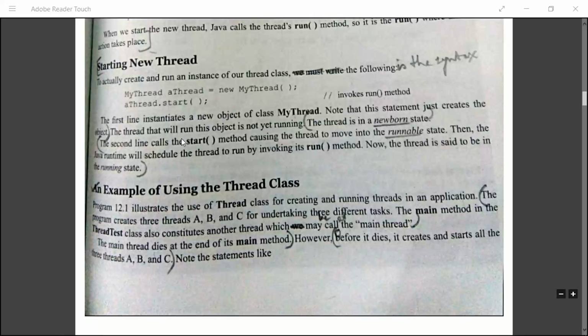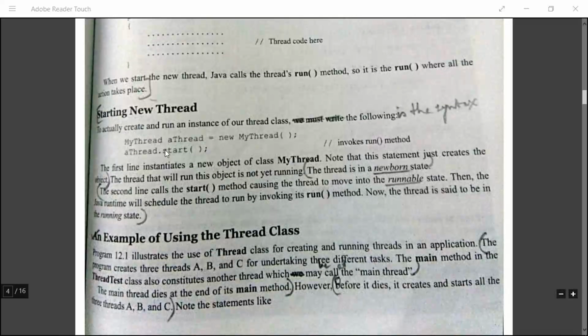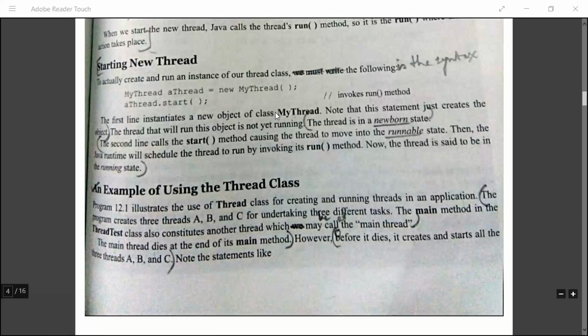Next, the thread that will run this object is not yet running. The thread is in a newborn state. So if you consider these two different statements, this is one statement. So here only the object is created. The thread is not called. We are not starting it. Like if you have a bike ready to use, you have cleaned it, you have made it ready and kept it like that.